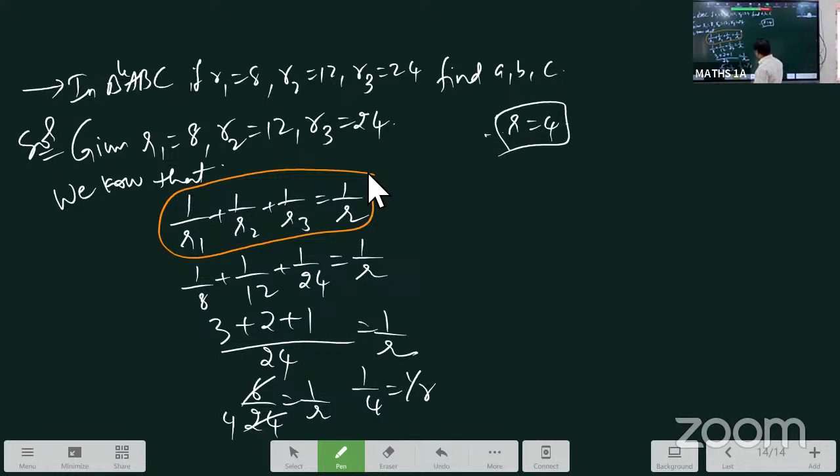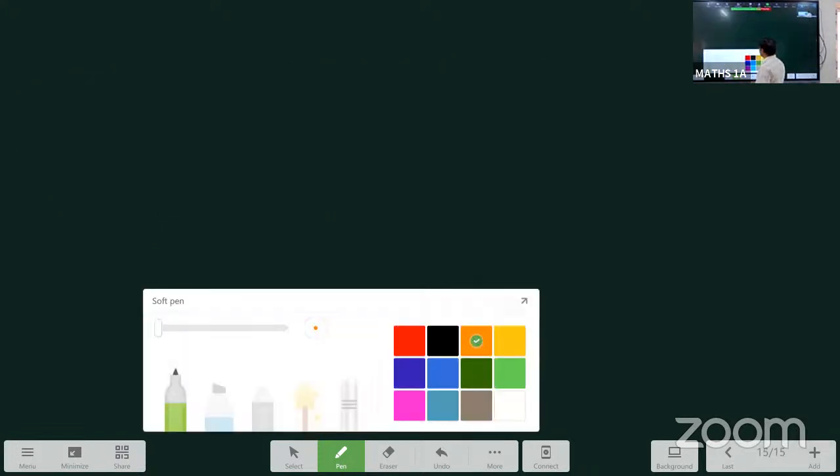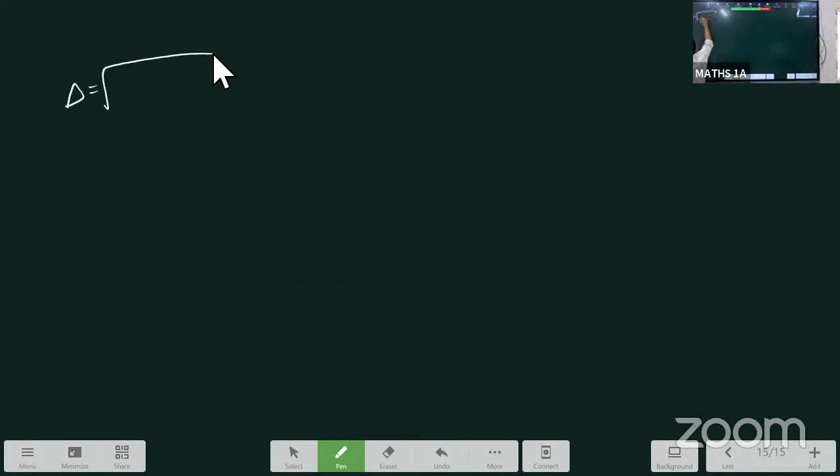Now, delta is equal to the square root of r, R1, R2, R3. R just now I got 4. 4 into 8 into 12 into 24.